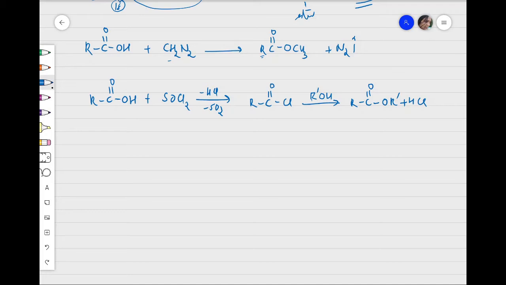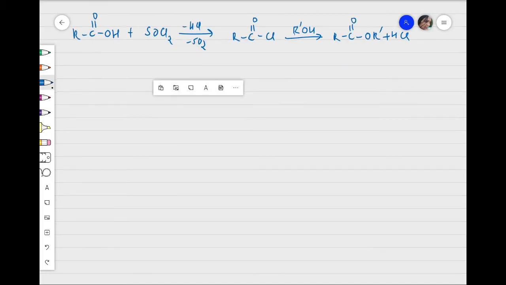Then next let's discuss the halogenation reaction. The halogenation reaction is basically the reaction with halogen.